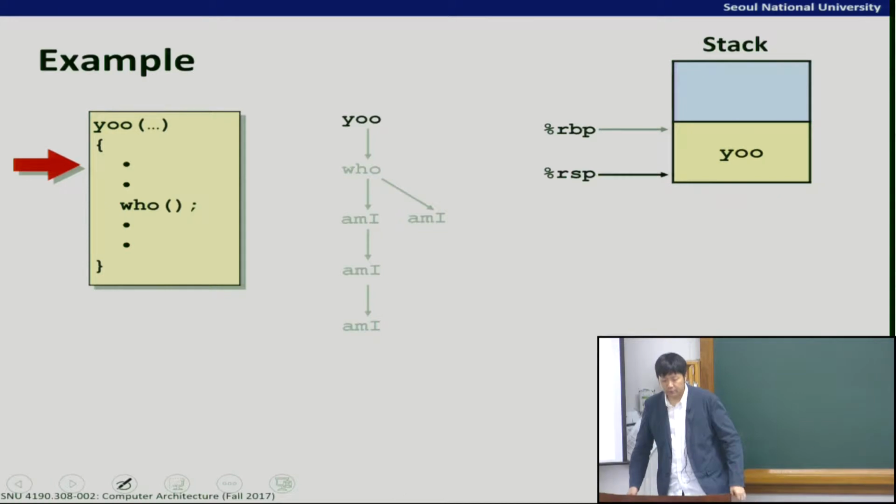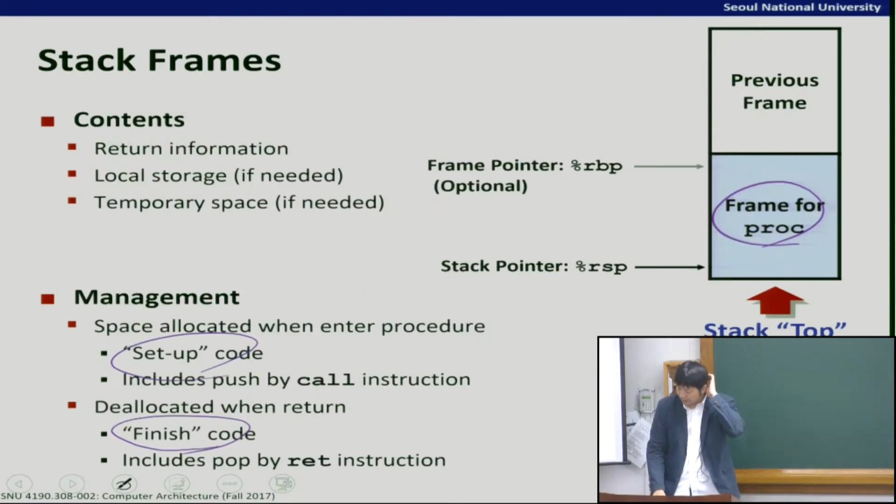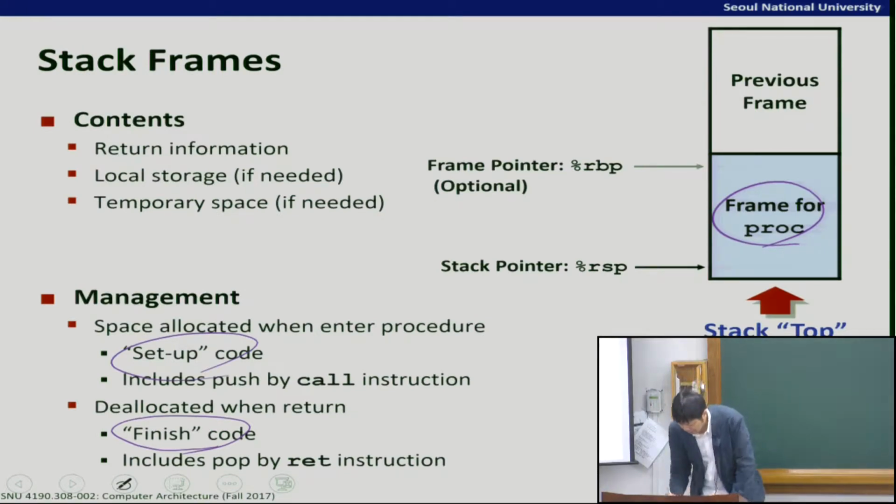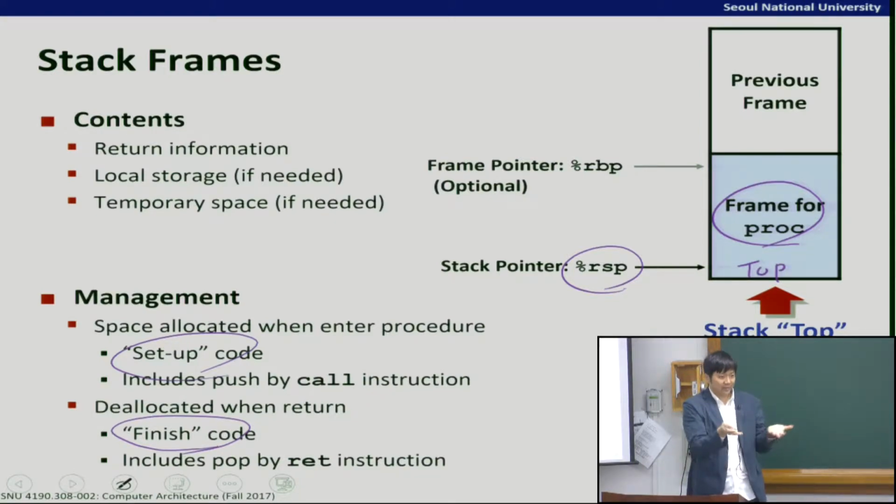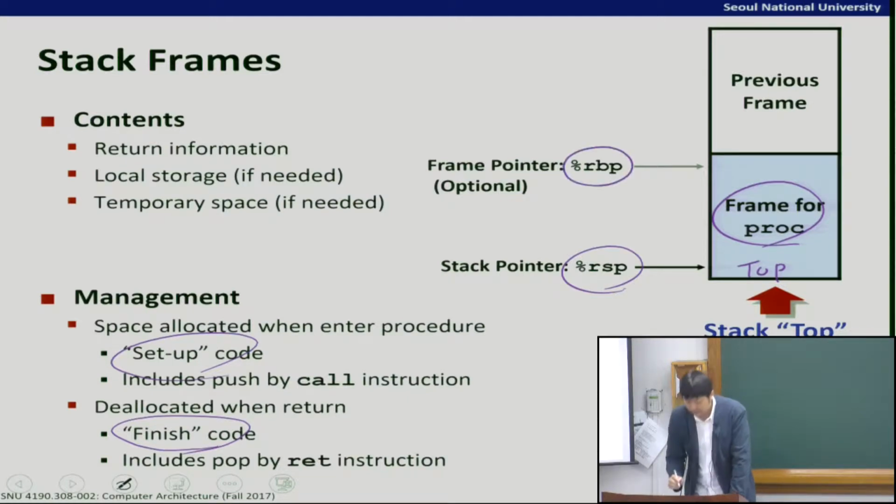Here, you have a function U which calls who. Now we start from function U. Let's say you're now executing function U. By the way, I didn't explain this part. The stack pointer points to the top of your stack space, right? And there's another pointer called RBP. This is called the frame pointer, but it's optional. It may or may not be used depending on the compiler.